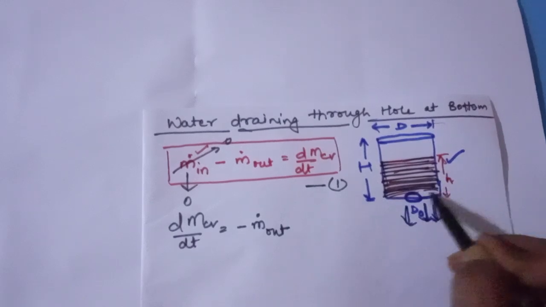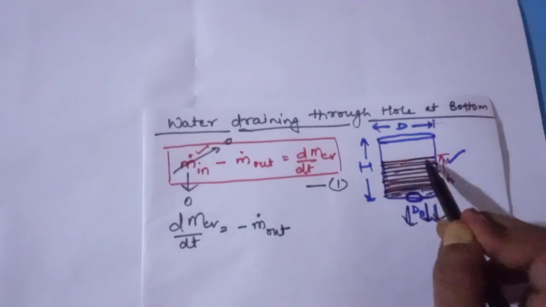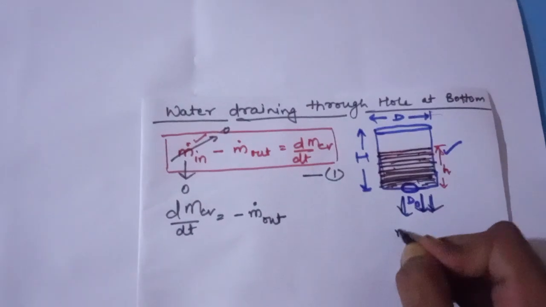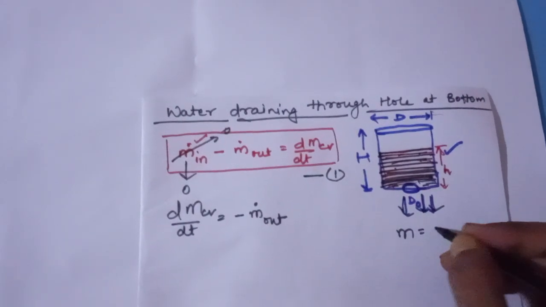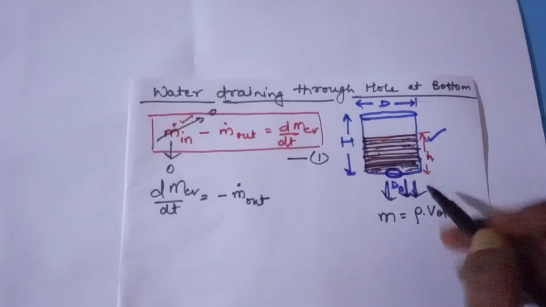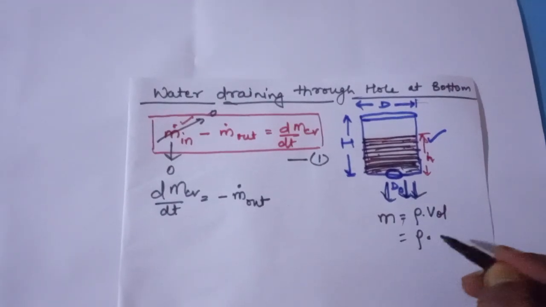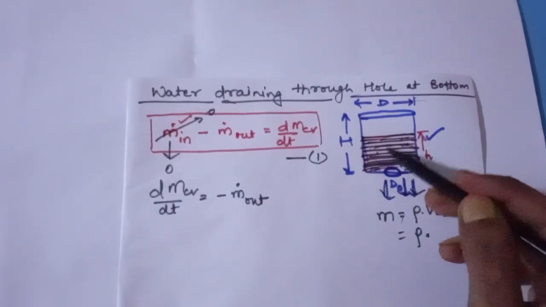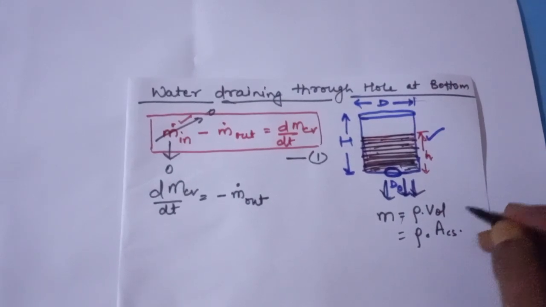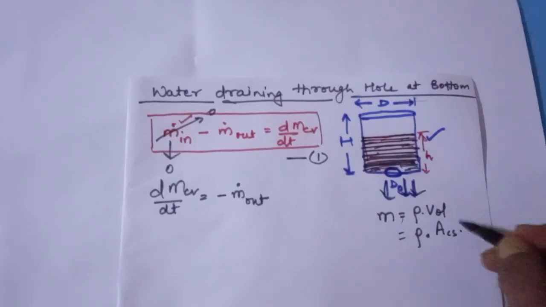So for mass we can write mass is equal to density into volume, and for volume we can write area of cross section into height. And what is the height? This small h is the height.